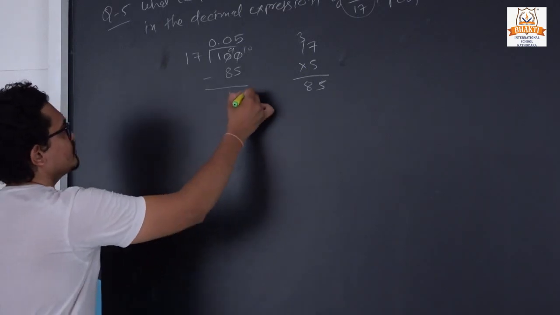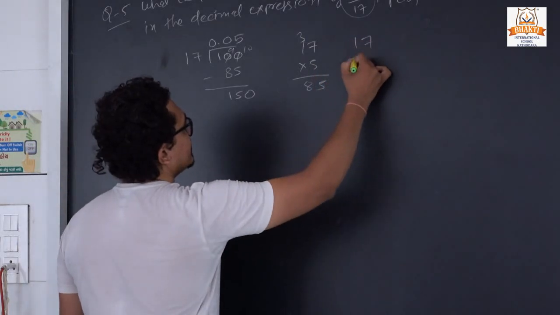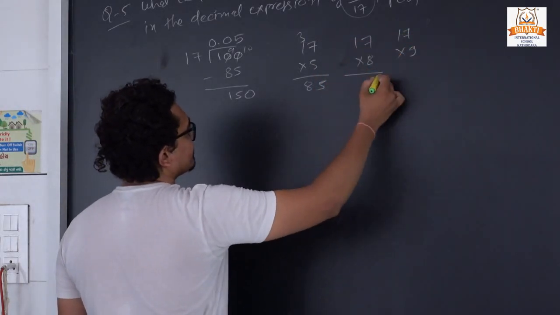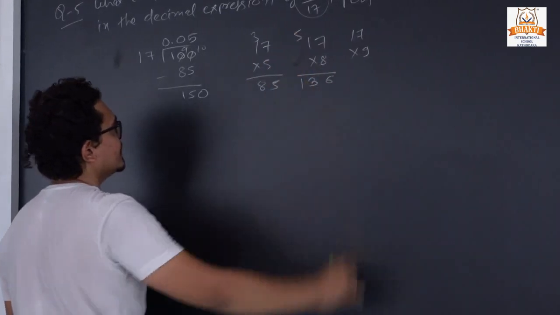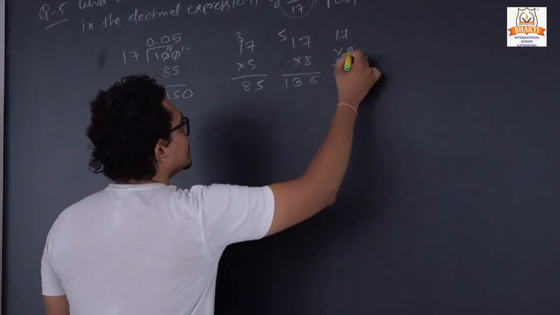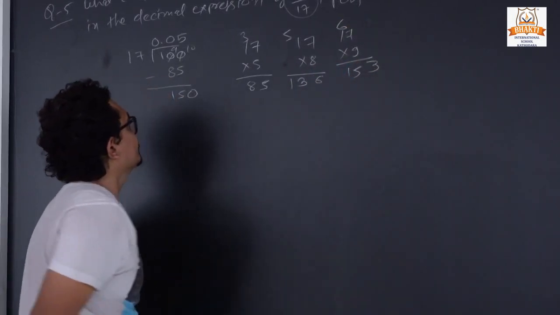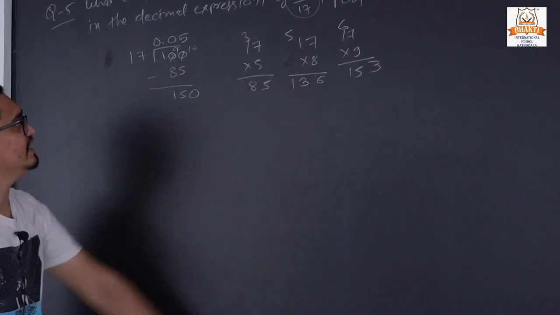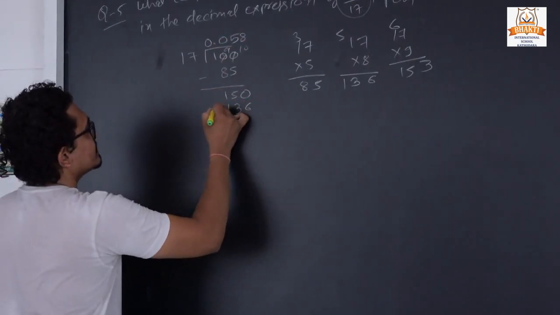Once again we put 0. So now we check 17 8s and 17 9s. 17 8s is 136, so here we have 150 and we start with 17 8s, so it will be 136.